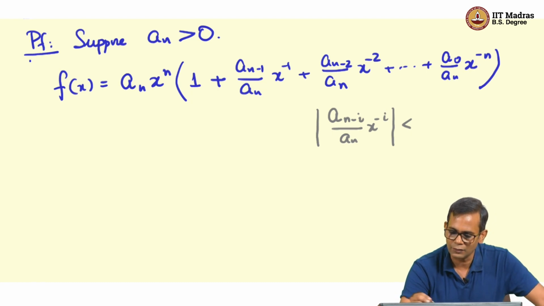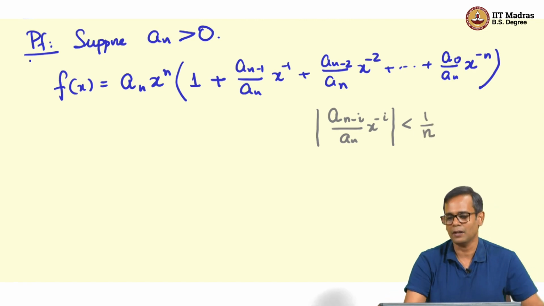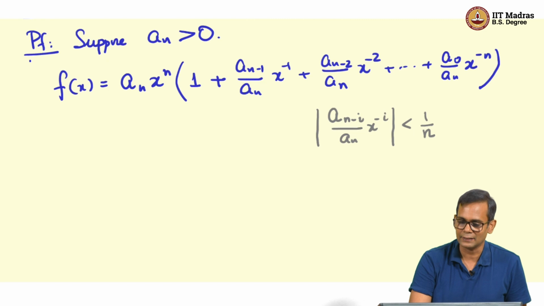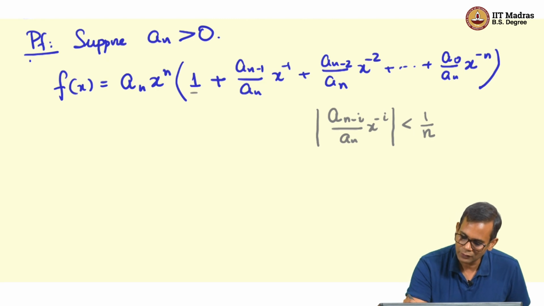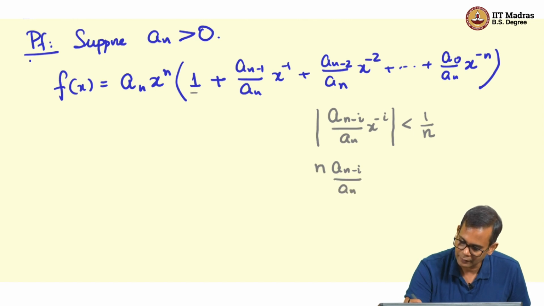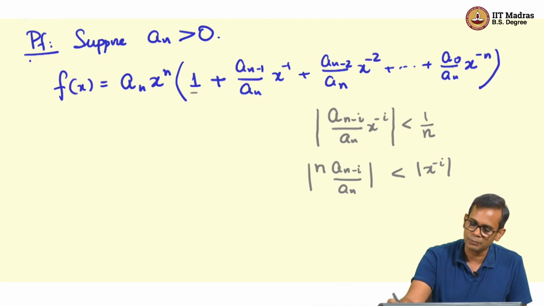So, if I make each of them strictly less than 1 by n, then their sum in absolute value will be strictly less than 1 and can never cancel out this 1 up here. So, if I want this, then what I can do is I can make sure that the absolute value of x^{-i} is greater than n times a_{n-i} by a_n. But I want this to be independent of i.